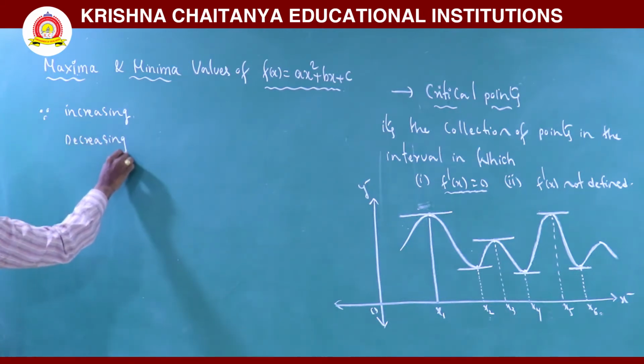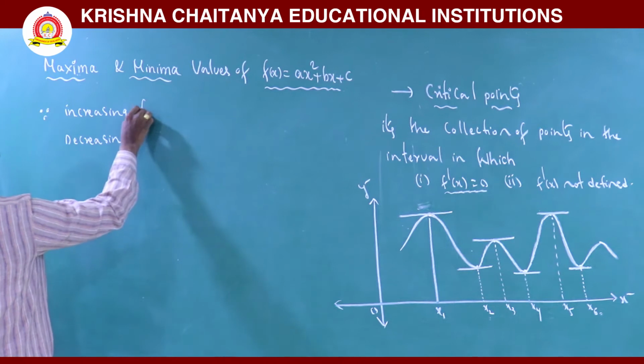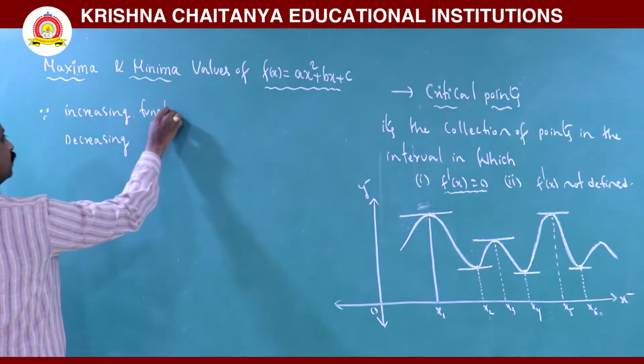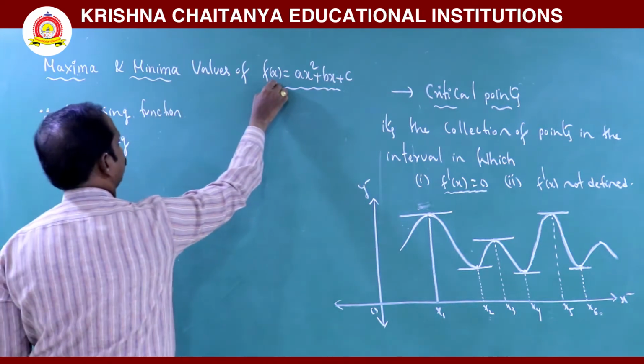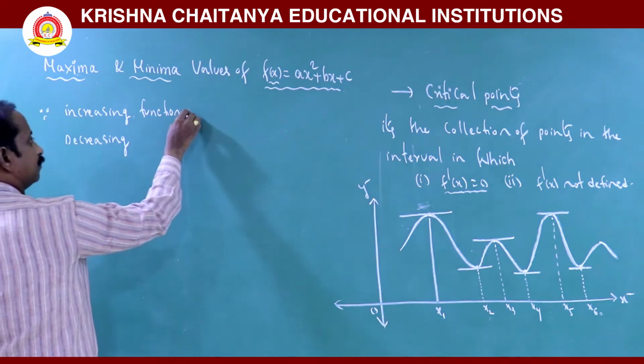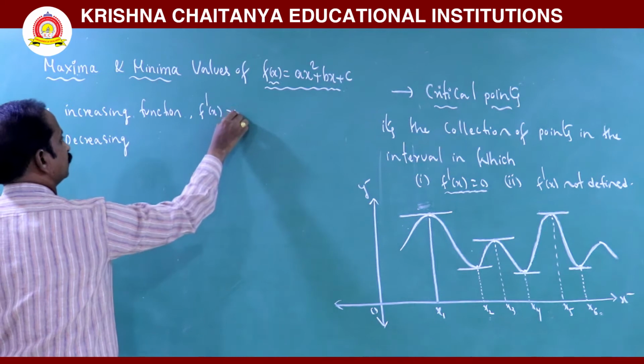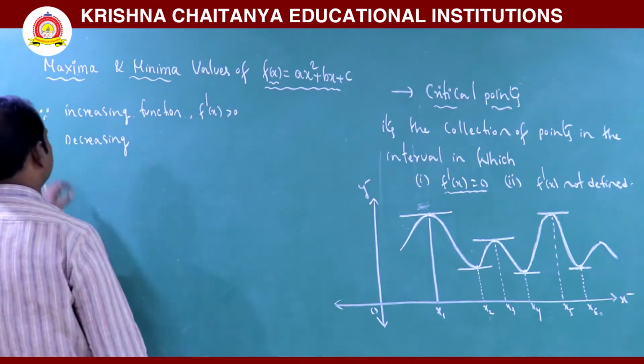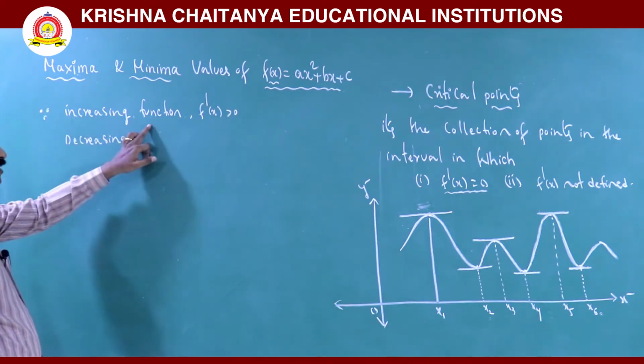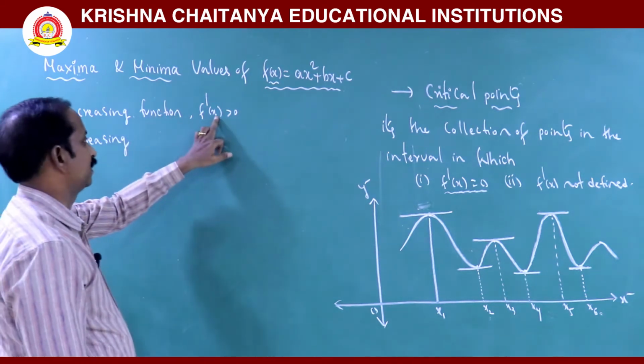On its interval, an increasing function f of x, in a simple way, has f dash of x greater than 0. When f dash of x is greater than 0, we call it an increasing function on its domain.